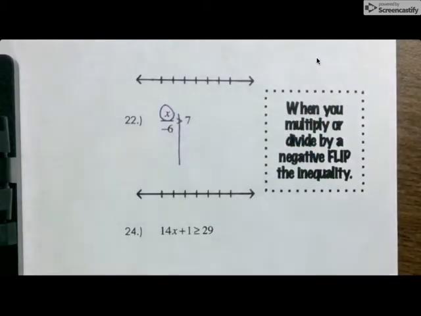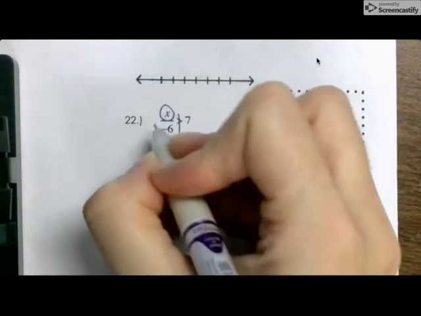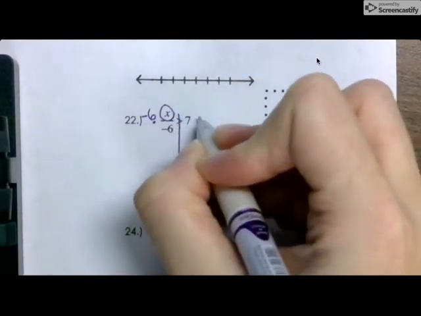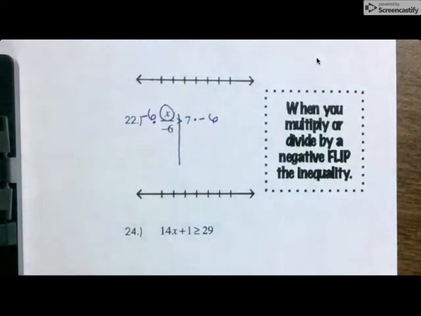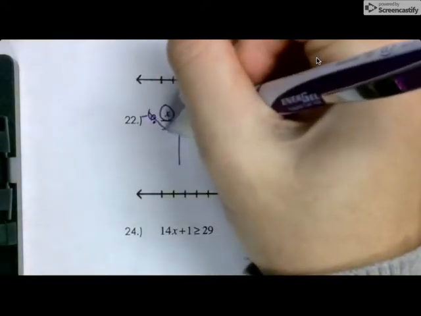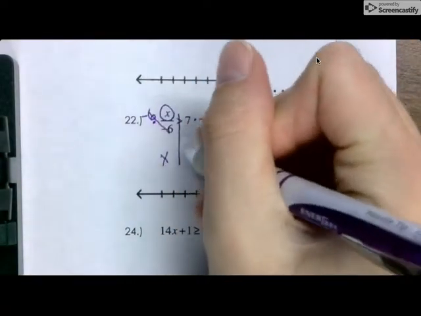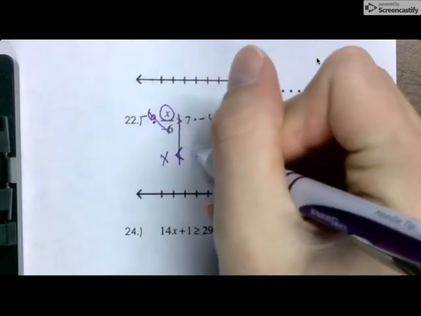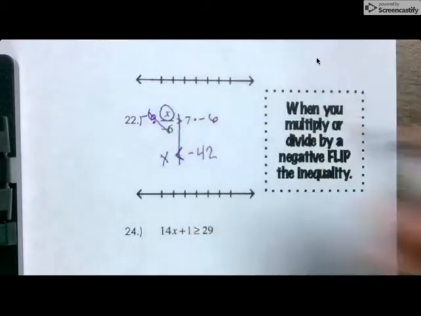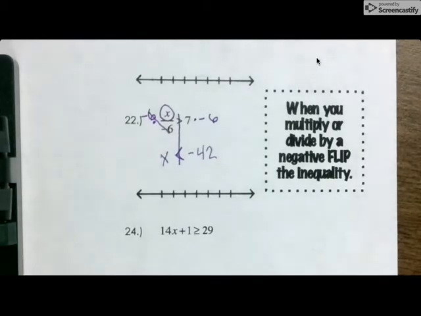So I am separating that term, which means I am going to multiply, because that's the inverse. Because it was by a negative, I have to flip my sign.